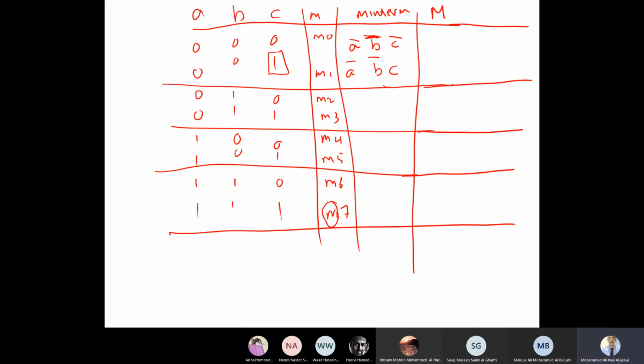In max term, the opposite. See, for example, if I say m1 is equal to m1, see how you convert it. I take this 1, how do I represent it? 0 0 1, right? So I put a prime b prime c.